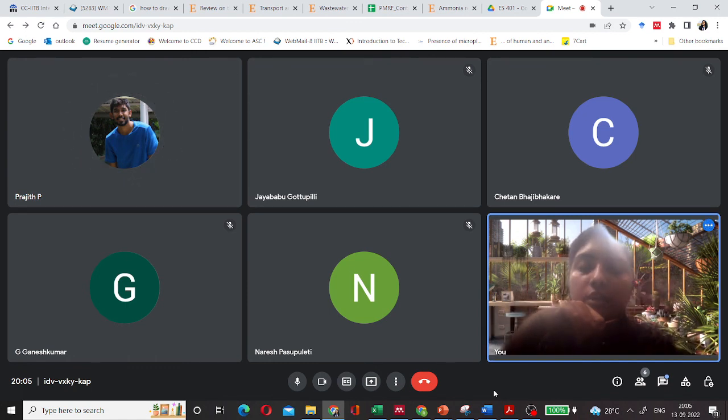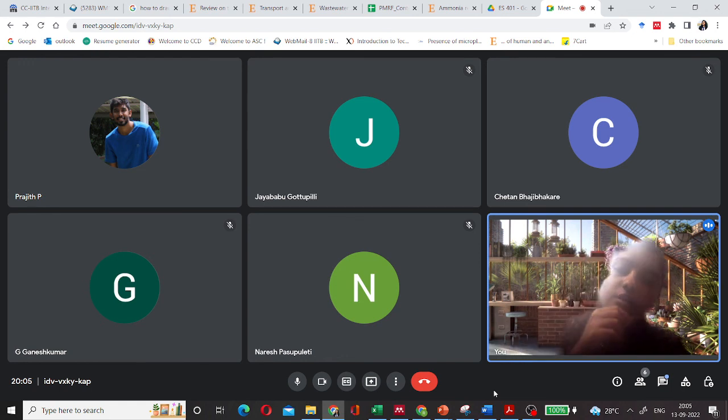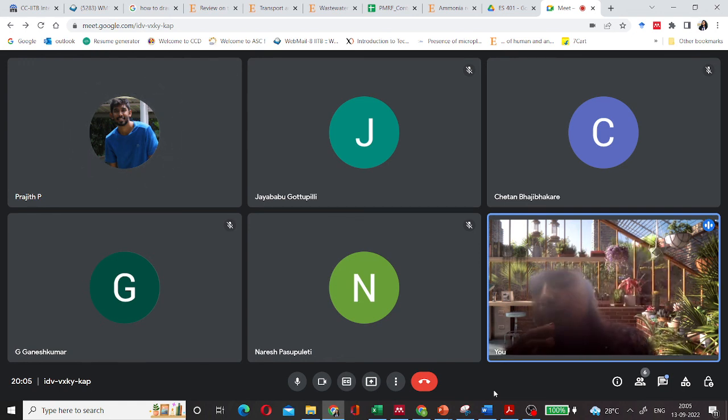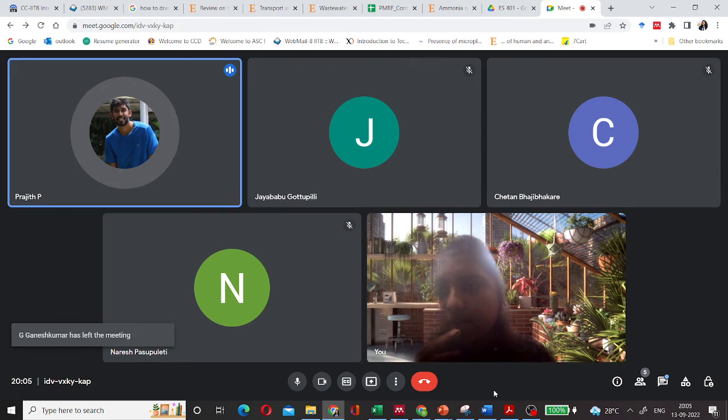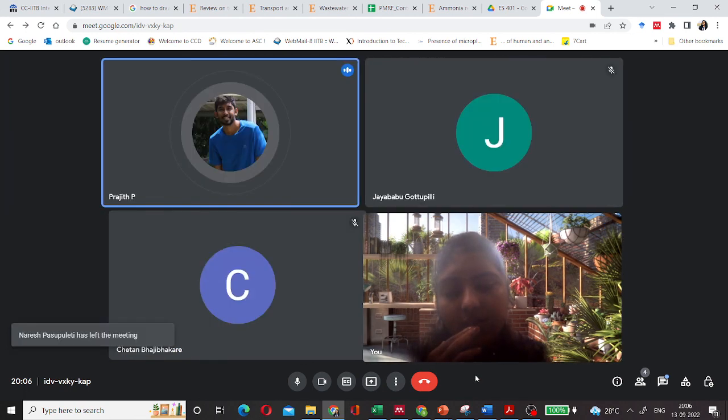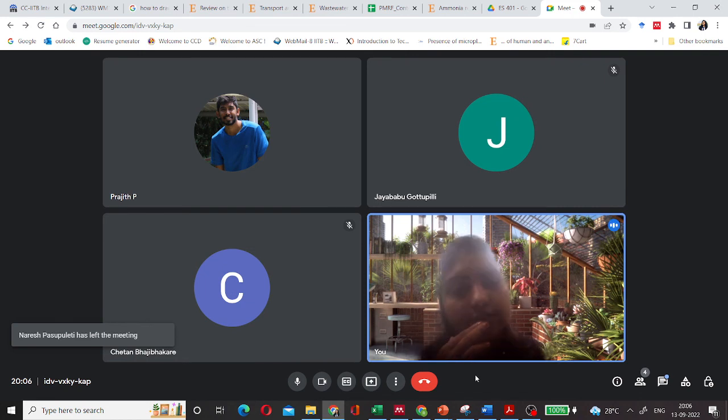For the calculation of sludge volume index, you are taking 1 gram of sludge and making it settle, right? Yes, ma'am. I'm taking 1 liter of this sludge and making it settle. Correct. Actually, according to the definition, you have to take 1 gram of sludge and make it settle.